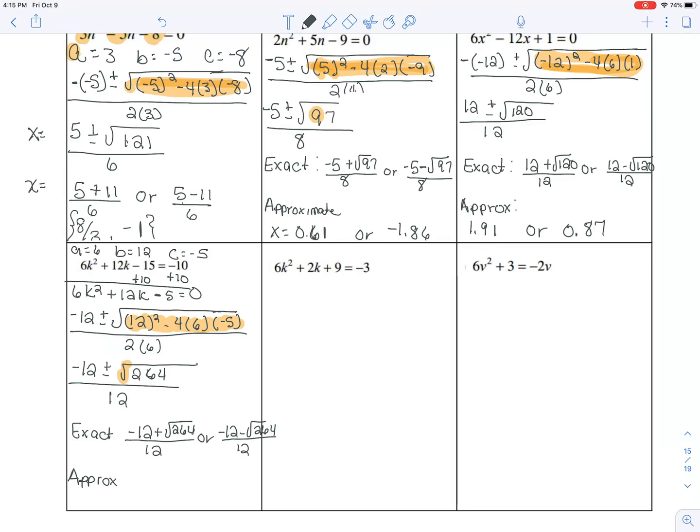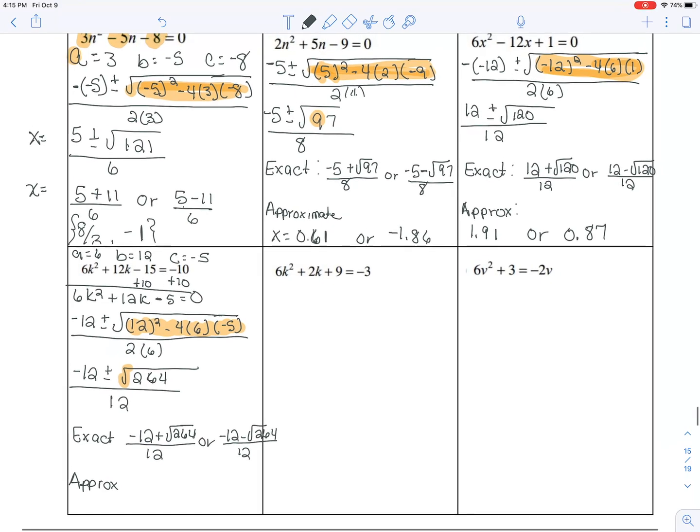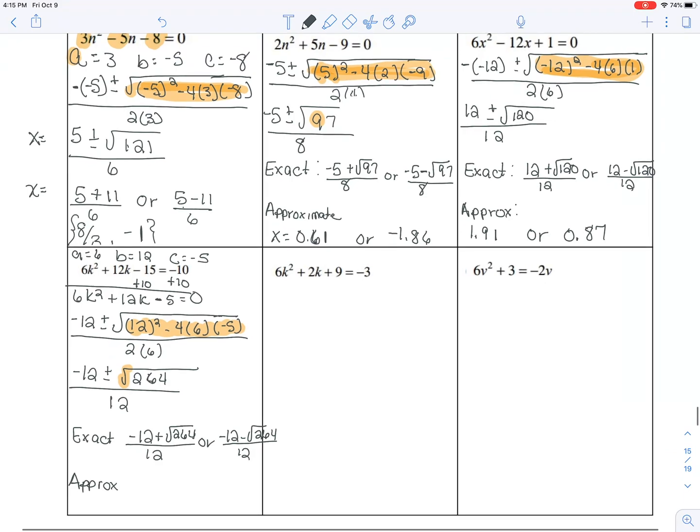So that would be negative 12 plus the square root of 264, enter, divided by 12. Now, if I were to graph this on Desmos, I would get these approximate answers as well.